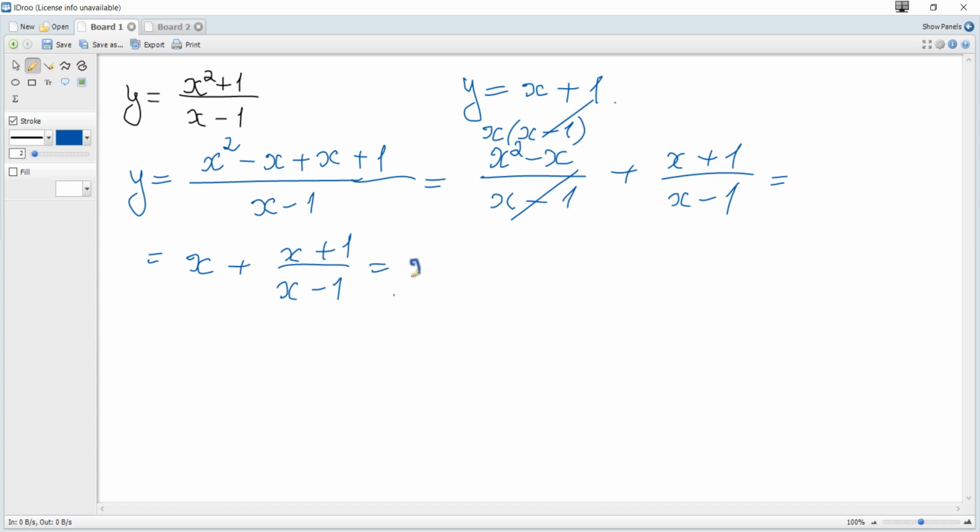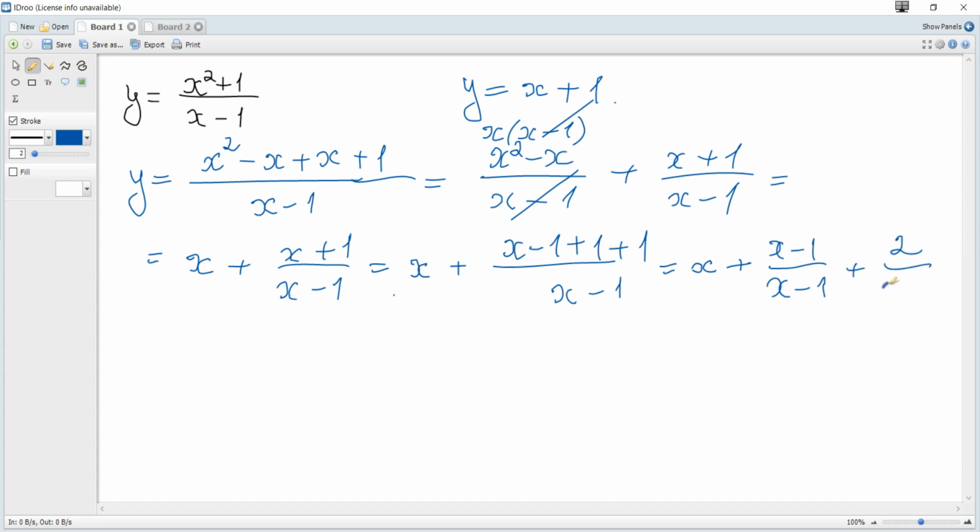So I want to make a multiple of x minus 1 in the numerator, so I can subtract 1, add 1, plus 1 over x minus 1, and split it into two fractions to get x minus 1 over x minus 1 plus 2 over x minus 1, which is equal to x plus 1 plus 2 over x minus 1.